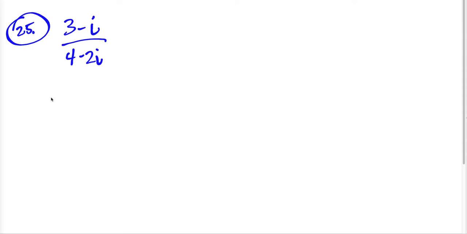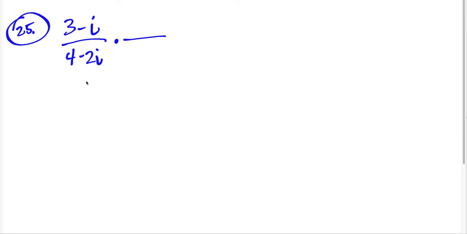Okay. We need to multiply top and bottom by something. And the something that we multiply by, we get from looking at the bottom of the fraction. So it's called the conjugate pair, which is okay if you don't remember that term. Do you remember how to find a conjugate pair? I didn't hear you.